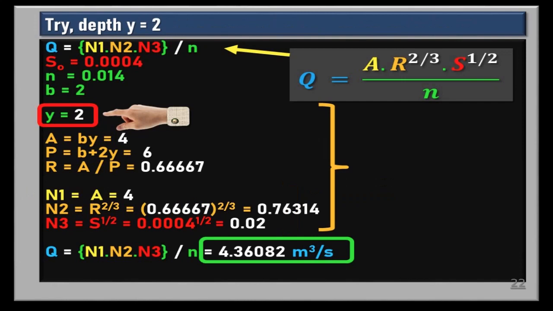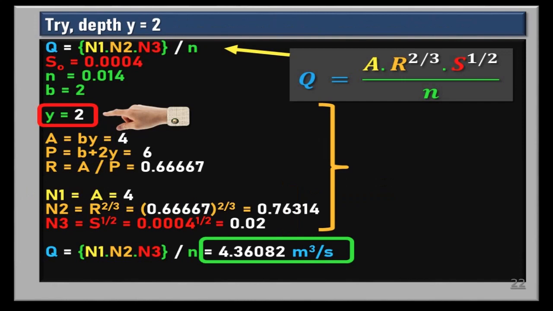Then N1 is equal area, A, so N1 is 4. N2 is equal hydraulic radius R, power 2 over 3, the N2 is 0.76314. N3 is equal slope S, power 1 over 2, the N3 is 0.02.